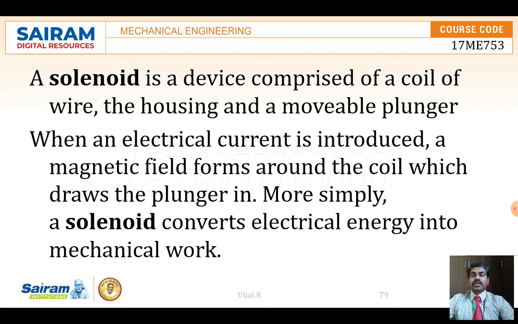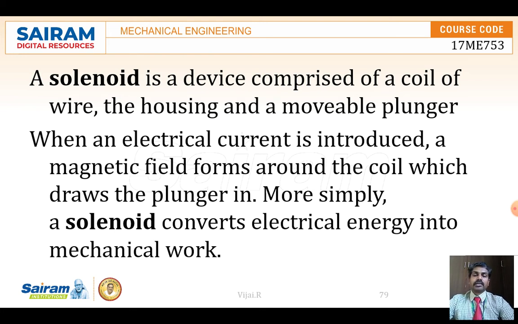Here, a solenoid is just like that: a plunger is there, and over the plunger a coil is wound. Now we know the law of conduction of electricity, where we conduct electrical current through the current carrying coil.